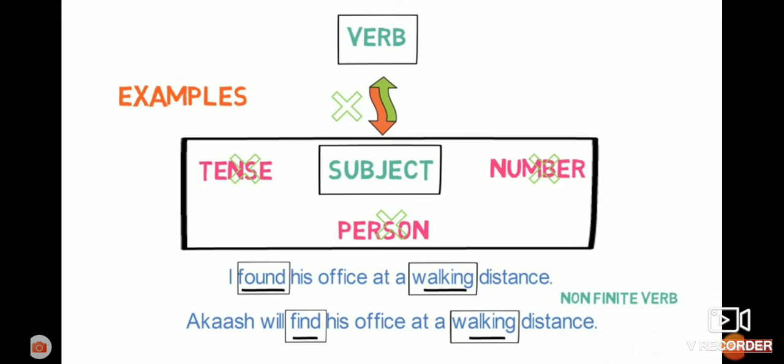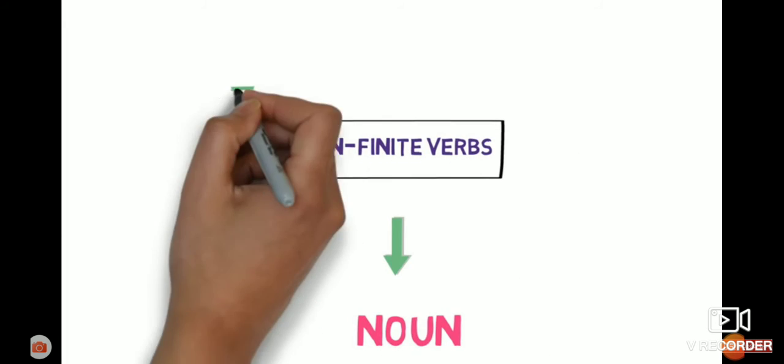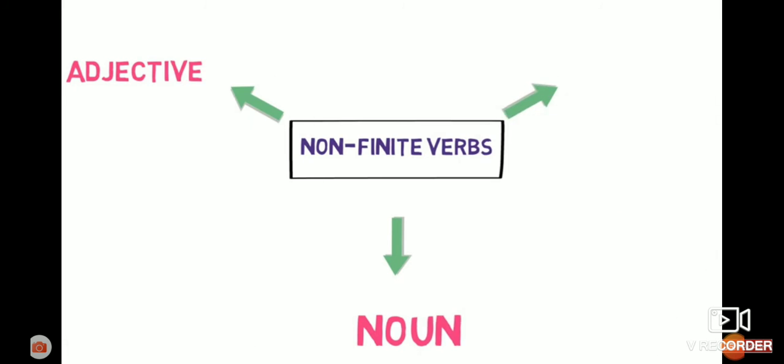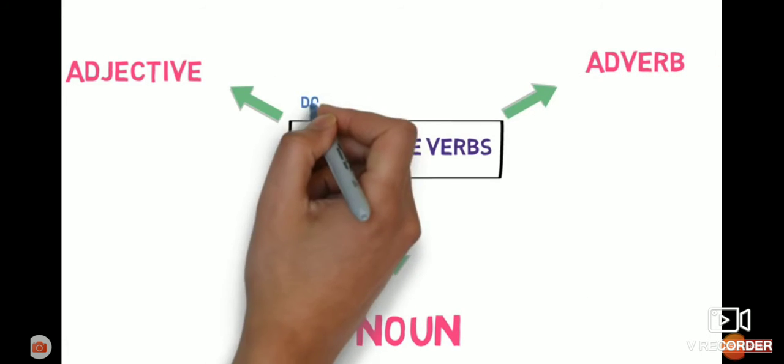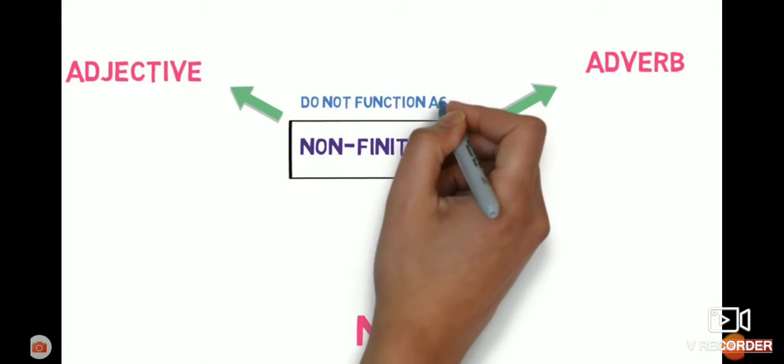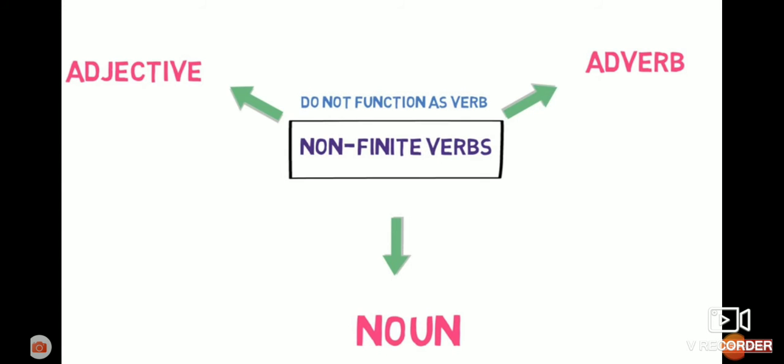So it's a non-finite verb. Now that we are clear what non-finite verbs are, let's understand their usage. Non-finite verbs function as noun, adjective or adverb in the sentence. They do not function as verb in the sentence, as we just understood.